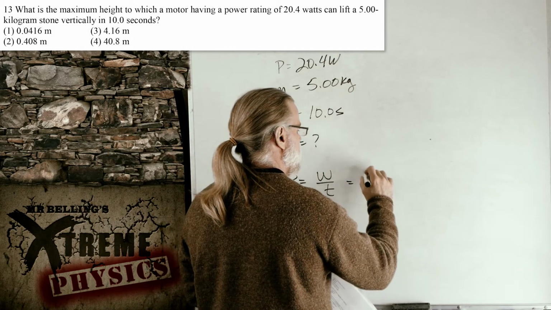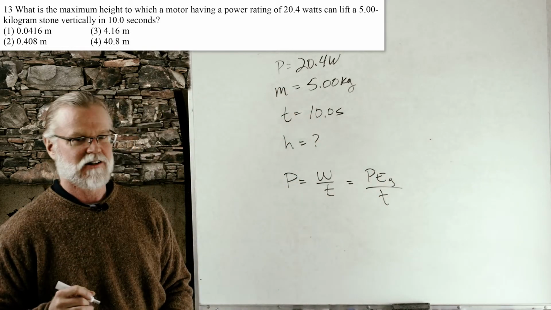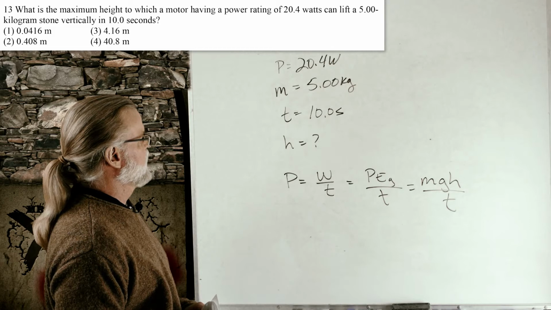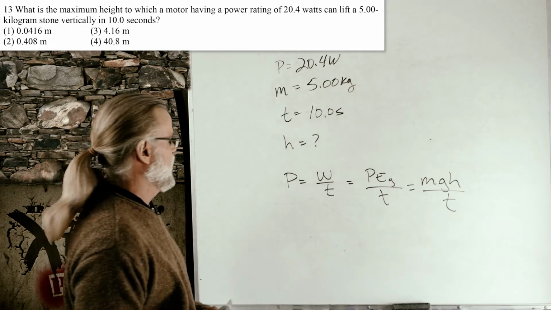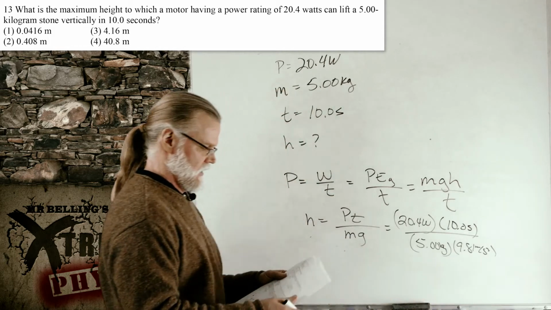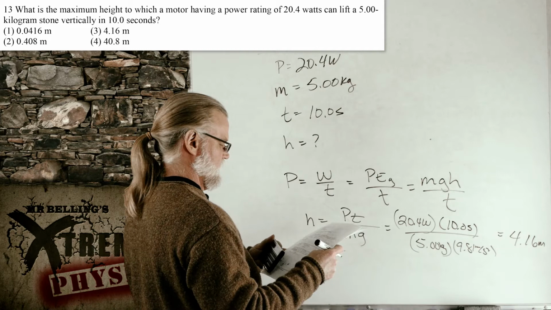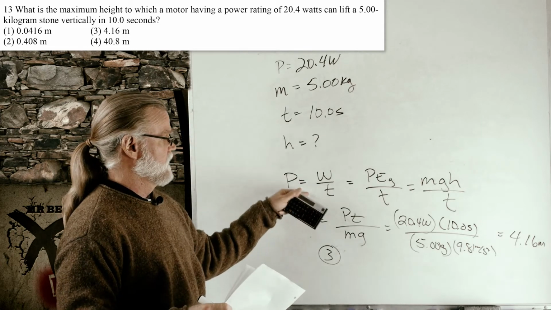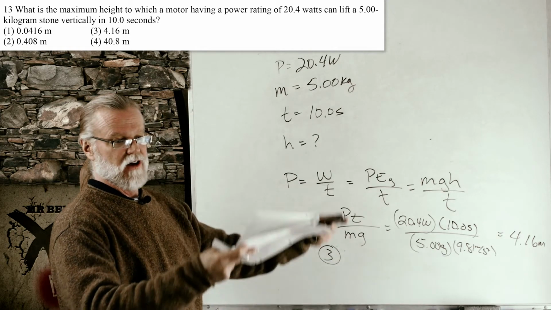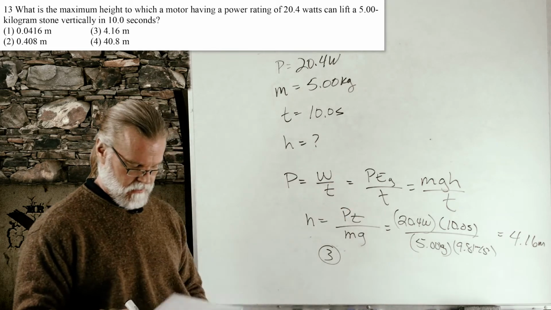So I could say, this is gravitational potential energy divided by time. That's the energy right there. Oh, it looks like we have everything to solve this. This is fantastic. All right, let's plug away. What choice is that? 3. Power is energy divided by time. The amount of energy it expends gets converted into gravitational potential energy divided by time.